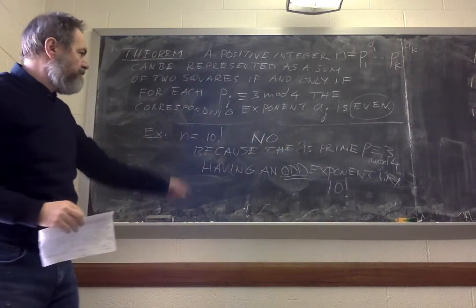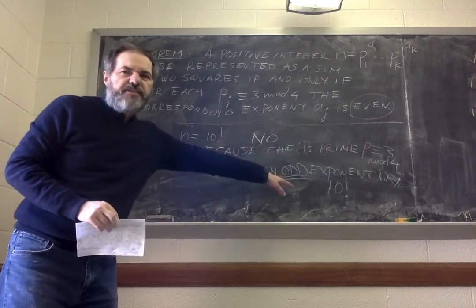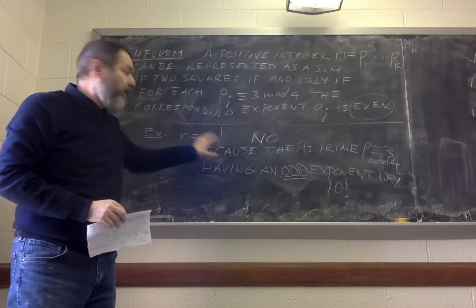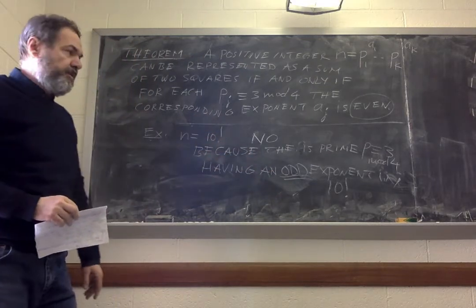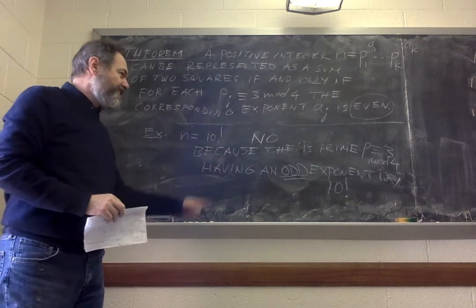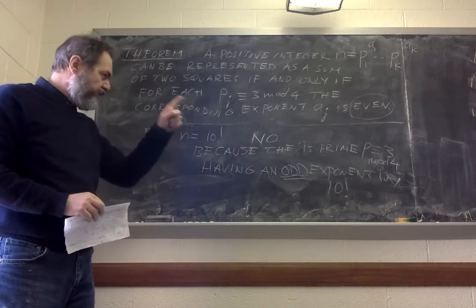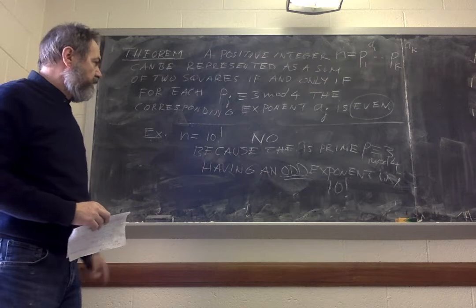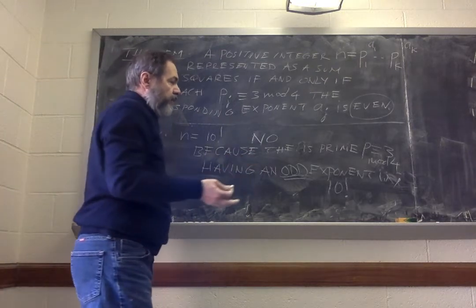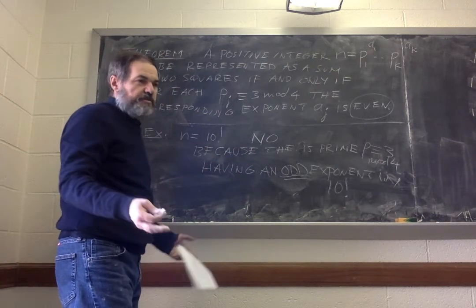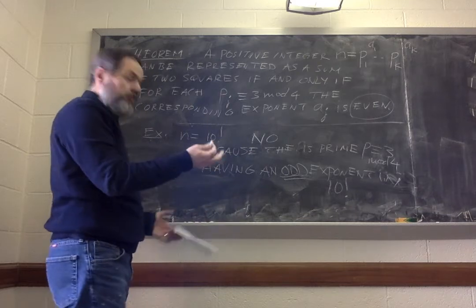There is one prime congruent to 3 mod 4 with an odd exponent. And that makes this number not representable as a sum of two squares. Can you see one prime that has an odd exponent in 10 factorial? Yes, and it's 3 mod 4. 7, of course. I don't know about 3. That would be the other option.